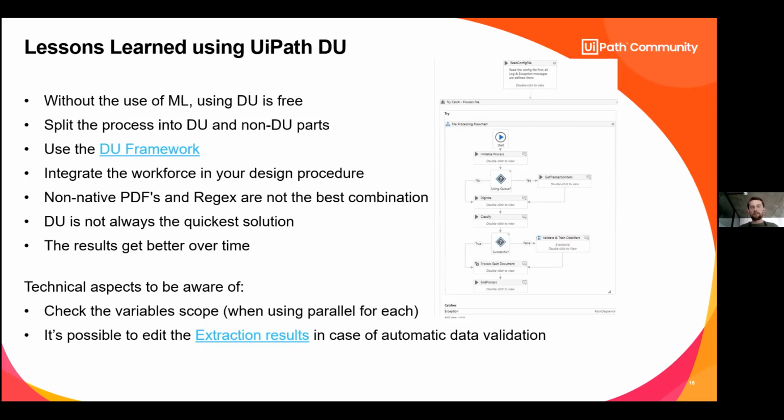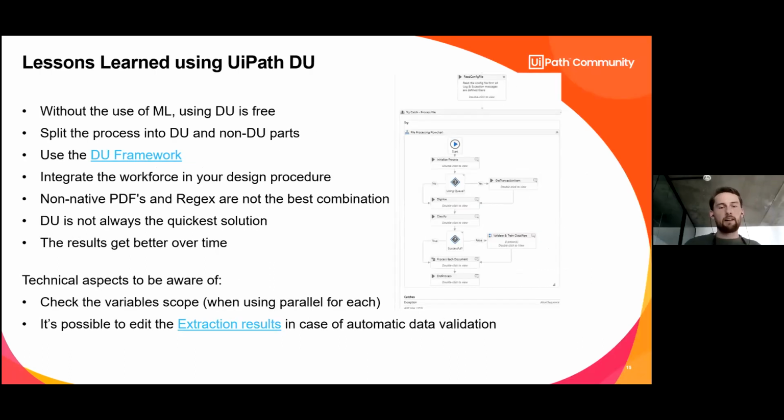One other important thing, as I mentioned before, when you're using document understanding, you will use the parallel for each activity. And it's important to look at the scope of each variable within that activity.